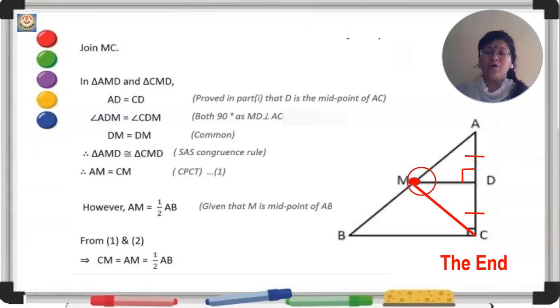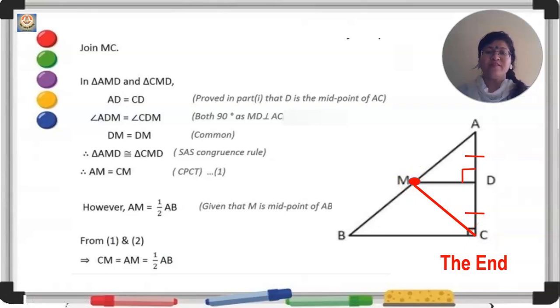And we also know that M is the midpoint of AB. Now we have to prove that CM is equal to AM and both of them are half of AB. So what I have done is I have joined C and M.